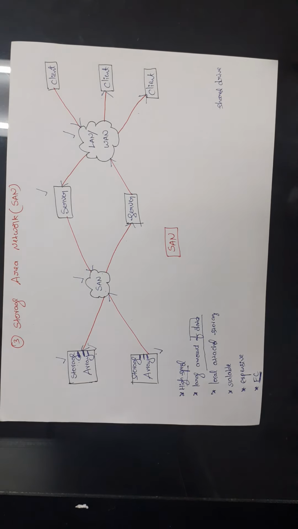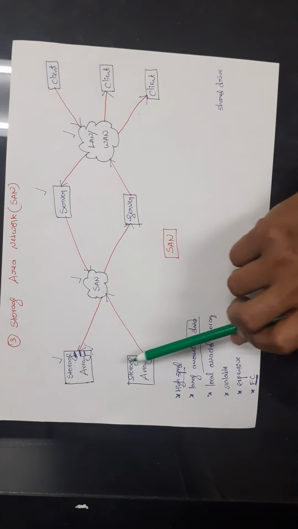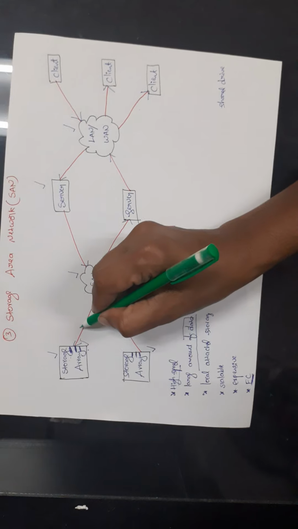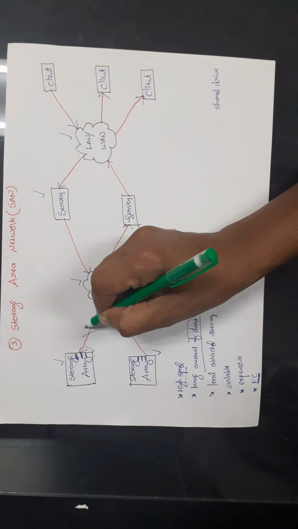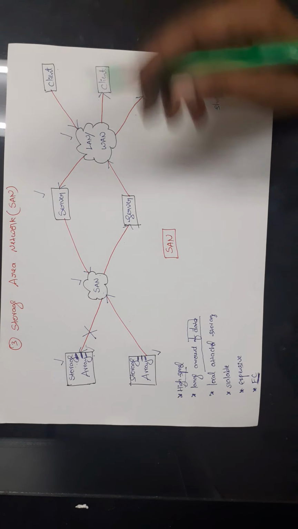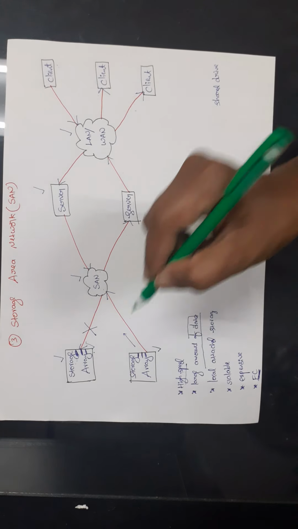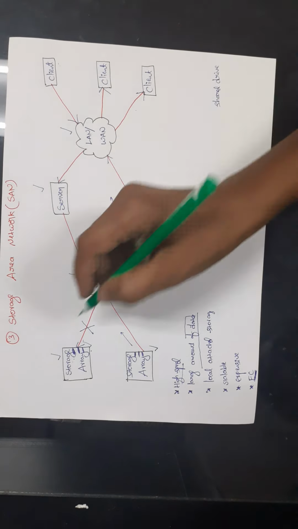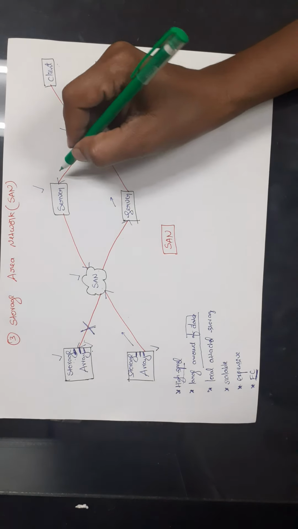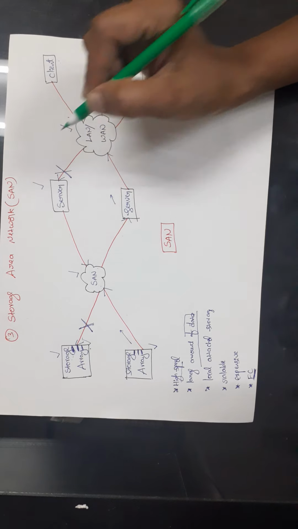In this way clients can store the data and can access the data. And here if you observe, if there is a power failure at one storage area network, then the clients can access their data from another storage area network and another server. Let us assume that this storage array has a power failure at this location, and at this server also there is a power failure.